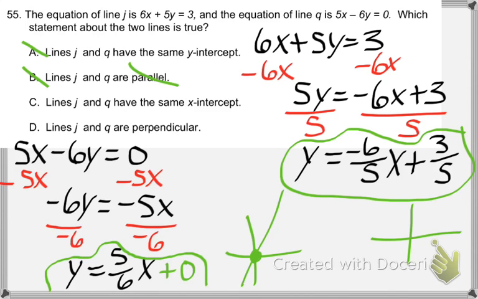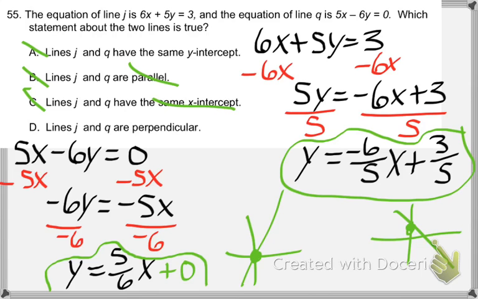A quick ugly sketch of the other one: it has a y-intercept of 3/5, and then it goes down. This one has an x-intercept of 0, and the other has an x-intercept of, I don't know, positive something. My point is, the x-intercepts are not going to be the same. Some people may already realize that, but a quick visual sketch can help you lock that in. So they do not have the same x-intercept, so C is out. Well, it's starting to look like D.